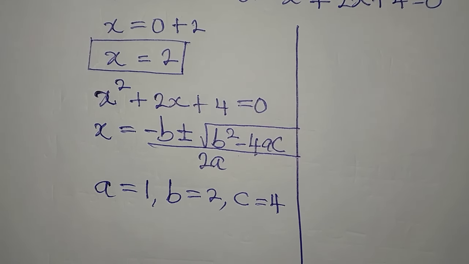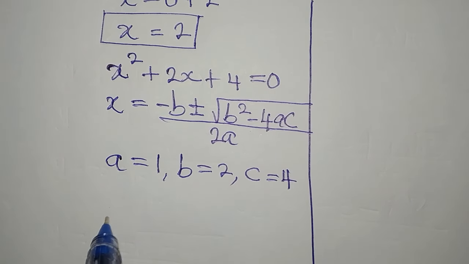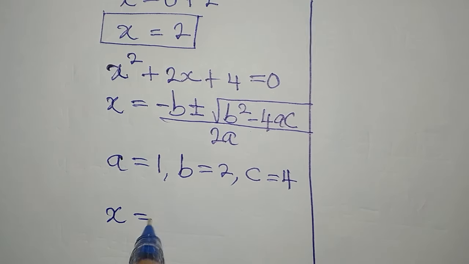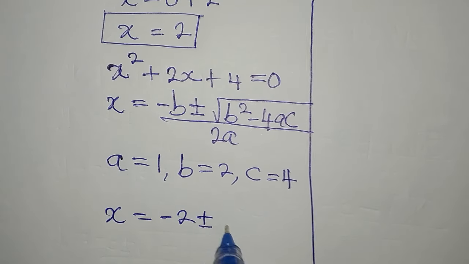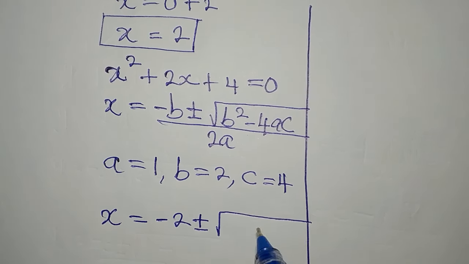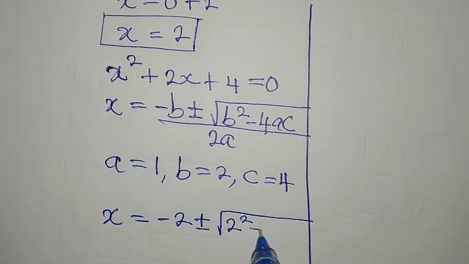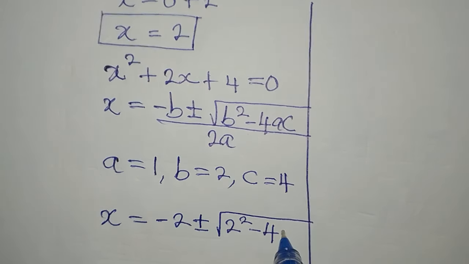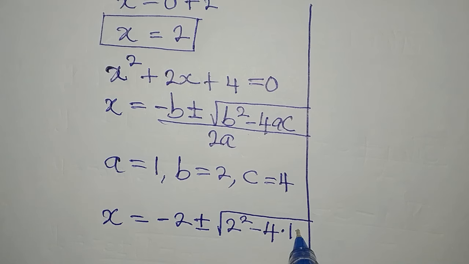So let's substitute into the formula now. That way we will have x equal to minus 2 plus or minus the square root of b squared, which will now be 2 squared, minus 4 times 1 times 4.